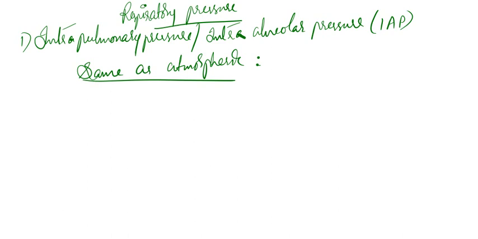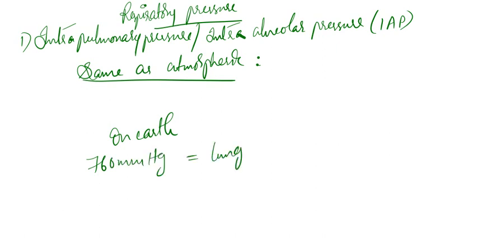So that is the reason no air will go inside, no air will come outside. But if you do the same thing in space where there is no pressure, then obviously even if you don't breathe, the pressures will get imbalanced, because the pressure outside your body is different from the pressure inside the body. See, on earth there is a pressure of 60 mm Hg in the atmosphere, which is equal to the lung pressure. So the lung pressure is also the same.